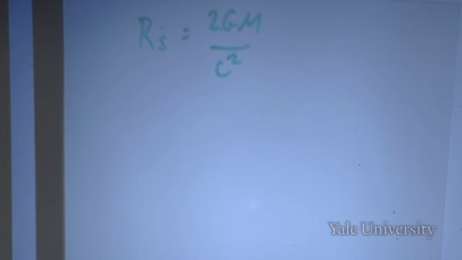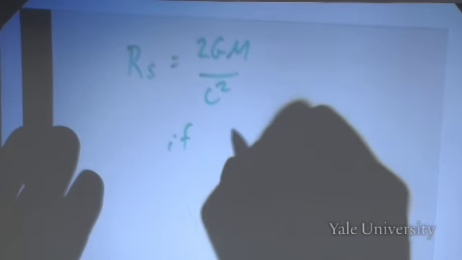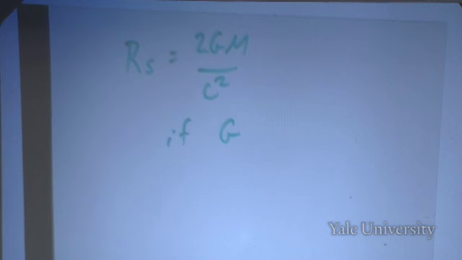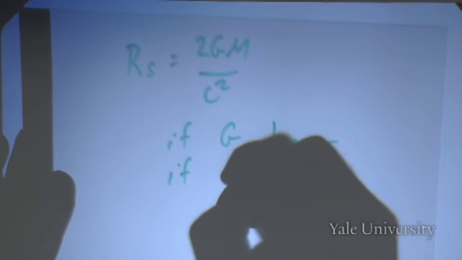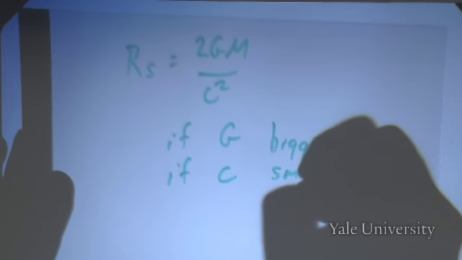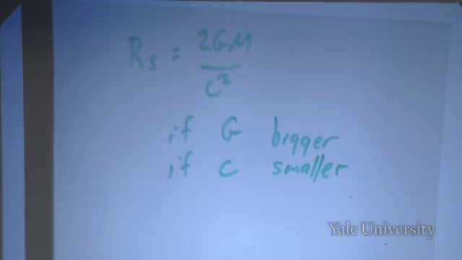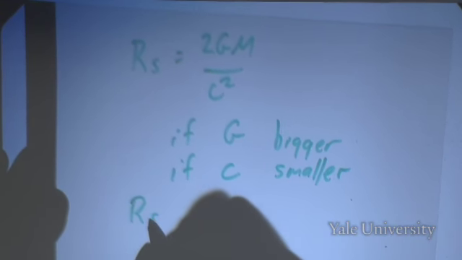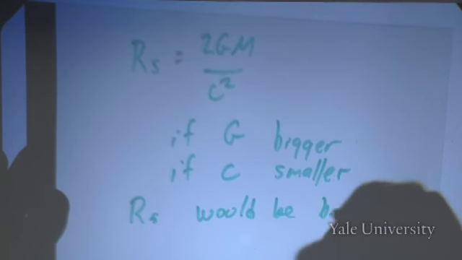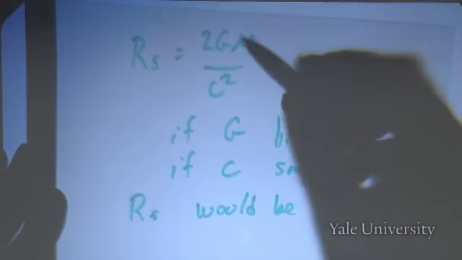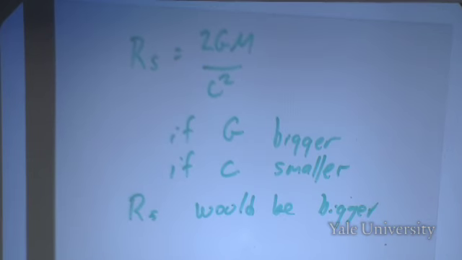Now, supposing you lived in a universe in which G, the constant of gravity, was substantially bigger than it is in our universe, and supposing that in that same universe c, the speed of light, were a good deal smaller than it is in our universe. Just pick some other values out of a hat such that this is true. Then the Schwarzschild radius associated with any given mass would be bigger, because G is bigger and c is smaller, and for the same amount of mass you get a big Schwarzschild radius.